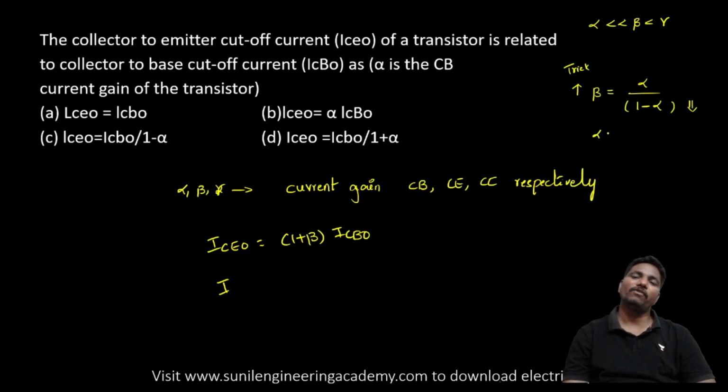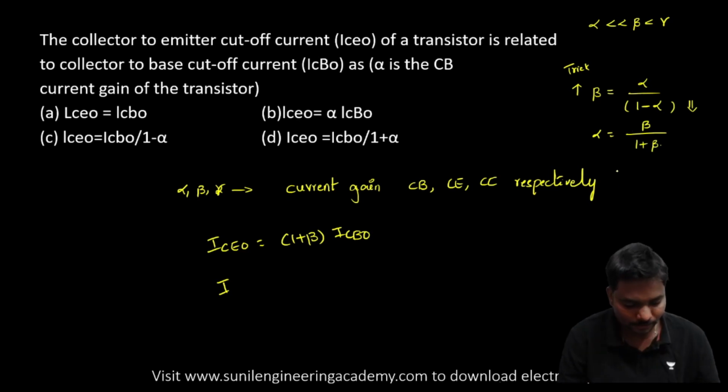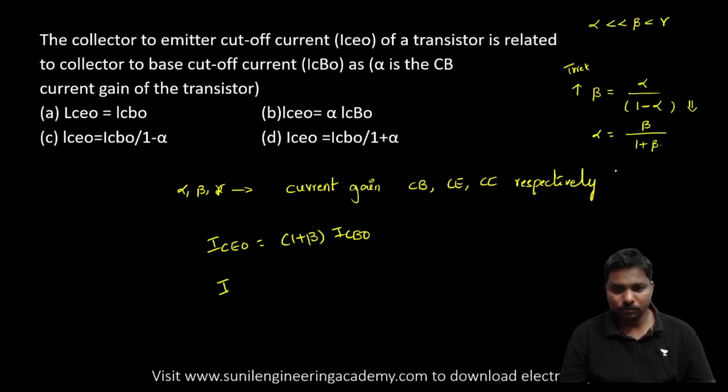If you want to get alpha, alpha is equal to beta by 1 plus beta. Correct? Here the denominator has to be more, so the numerator has to be less.